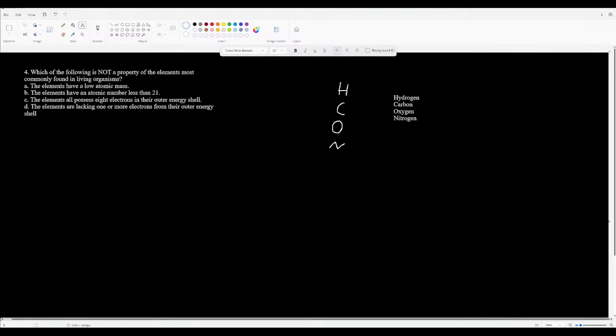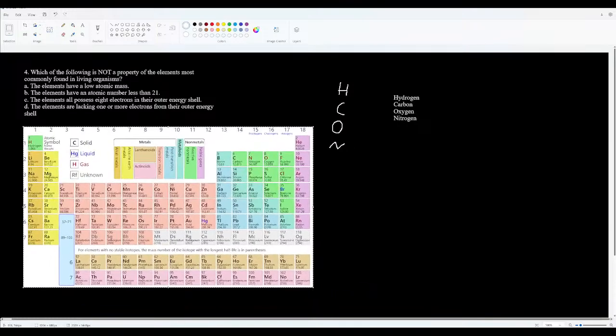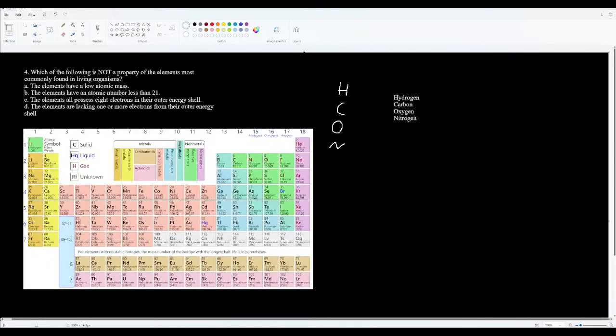So let's analyze these four important and necessary elements. Okay, there we go. So where are they? We have hydrogen over here.